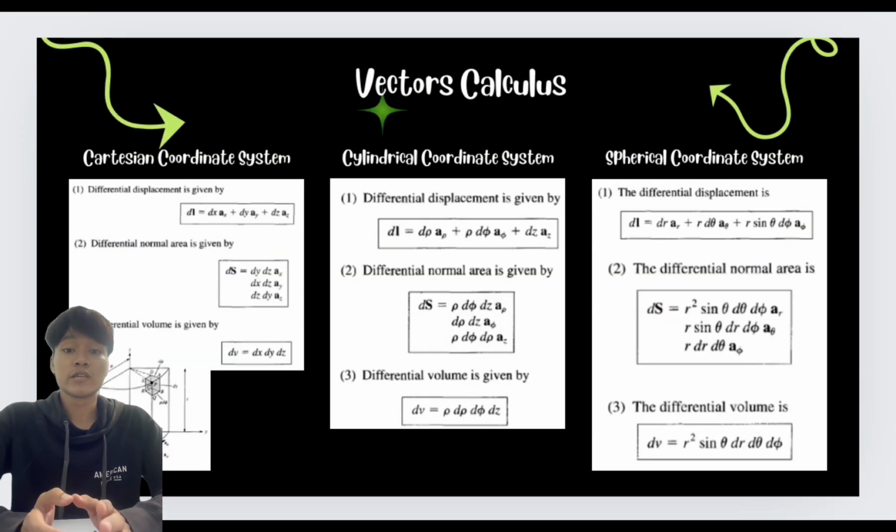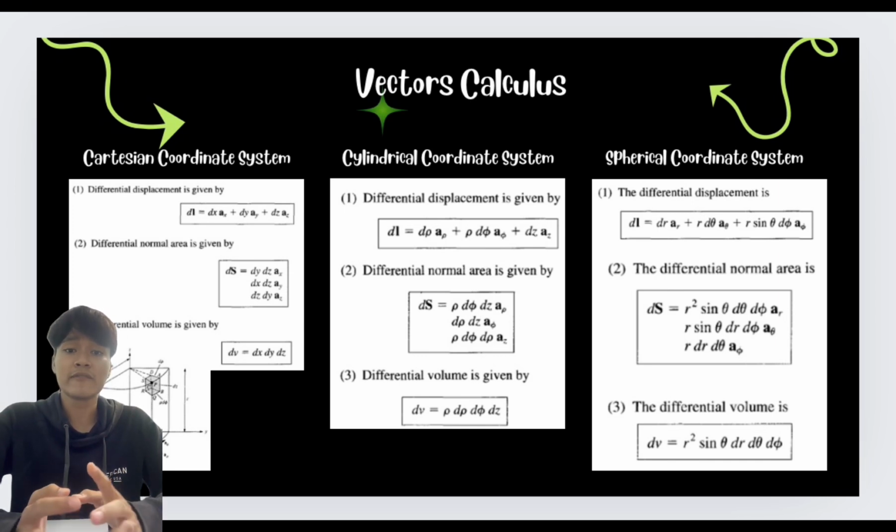This is very crucial for electricity and magnetism. This formula, we really have to understand and memorize it. If the question asks us about the surface, we really have to know which formula we have to use. First of all, determine the coordinate system. Then we determine which terms are involved.